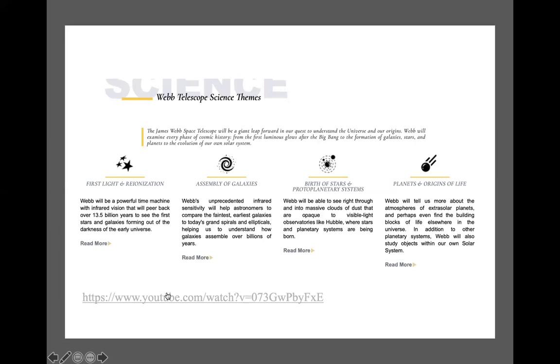One of those science goals, the first one, is the first light and reionization. What that means is that we expect the James Webb will be a powerful time machine with infrared vision, so that it will peer back over 13.5 billion years to see the first stars and galaxies forming out of the darkness of the early universe.